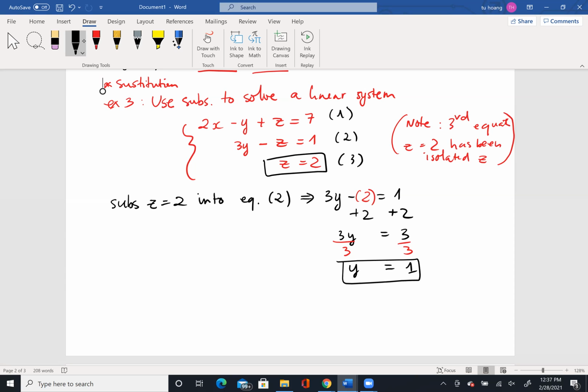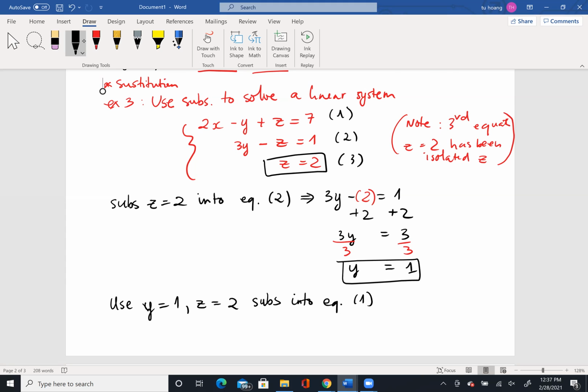So you will use y equal to 1, z equal to 2, and substitute into equation number 1.